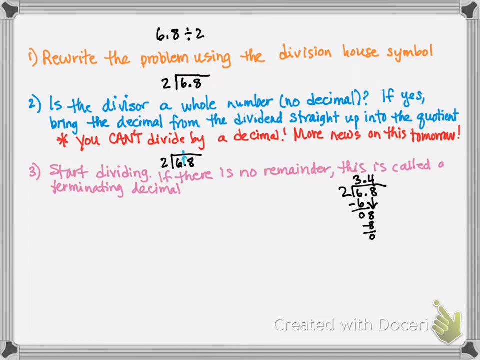Okay, so that's it. So what if we get to bringing down that last digit and there's still a remainder? So what if a remainder exists? And we've got nothing left to bring down. That's when we bring our old friend annex. Remember, annex means to add a 0. 1 0 at a time.